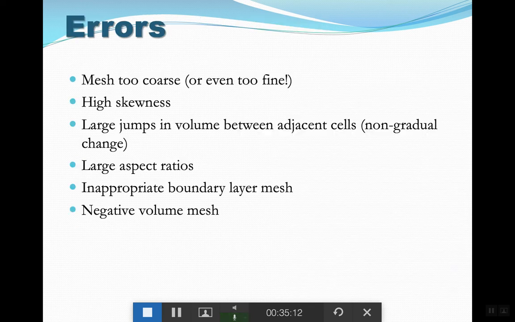Now, in every mesh generation process, after we complete the generation of our mesh, we will go and check our mesh, looking for errors. Basically, the errors could be that the mesh is too coarse, the skewness is high, large jumps in volumes, large aspect ratios, and negative volume mesh is also very important.